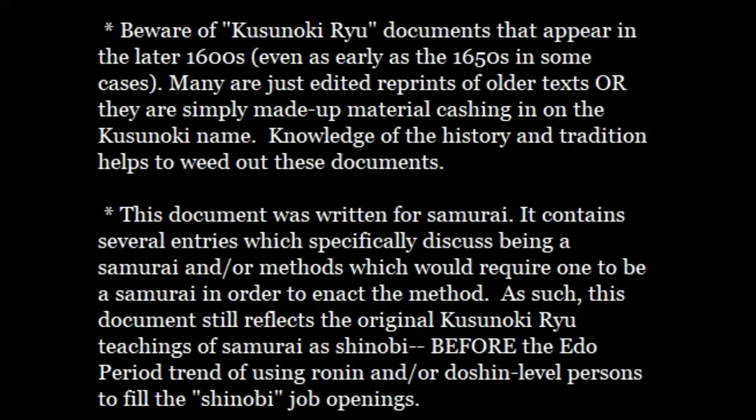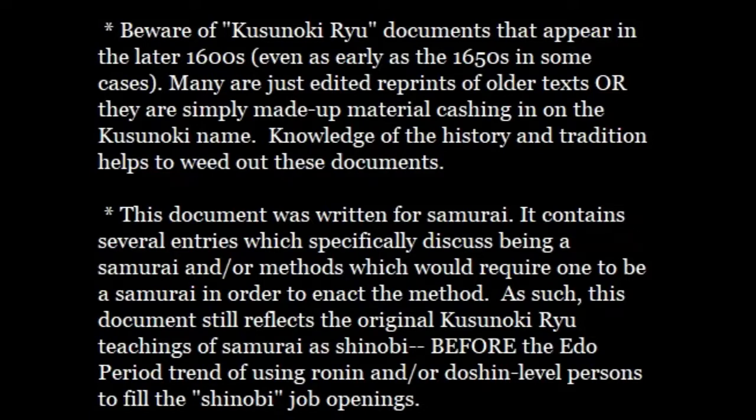Beware of Kusunoki Ryu documents that appear in the late 1600s, the later parts. Now, like I said, there are some that pop up in the 1650s which are dubious and are clearly provable to not be authentic. But for the most part, most of the questionable, dubious documents pop up post 1680. Many of them are just reprints of old documents with different titles, which is fine.